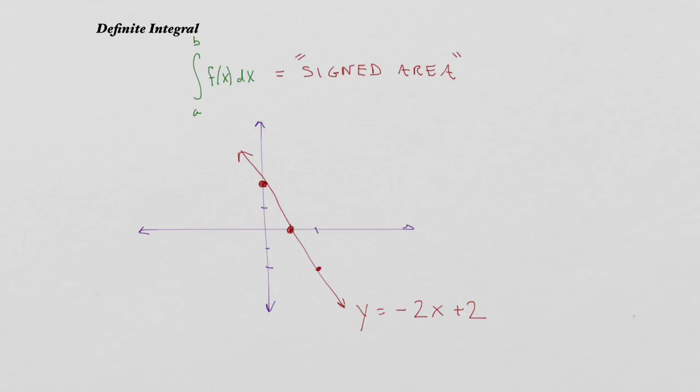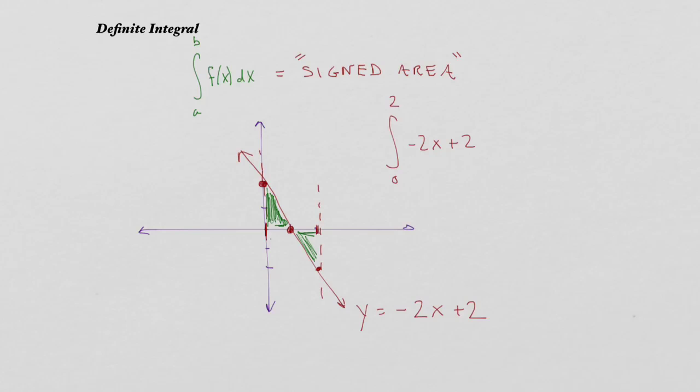So if we're looking at this function y equals negative 2x plus 2, we have a straight line with a slope of negative 2 and a y-intercept of 2. And if I wanted to find the antiderivative, or the integral, between 0 and 2, which graphically I would be showing here's 0 and here's 2, I want to find the area underneath this curve, which would be this and this.